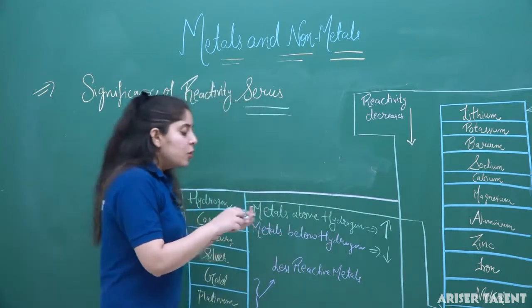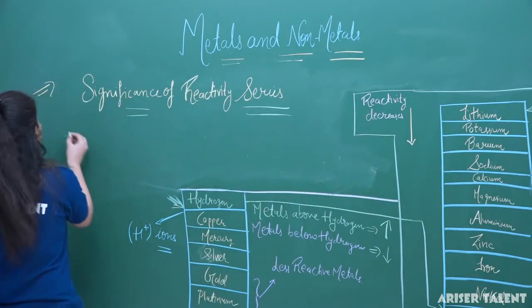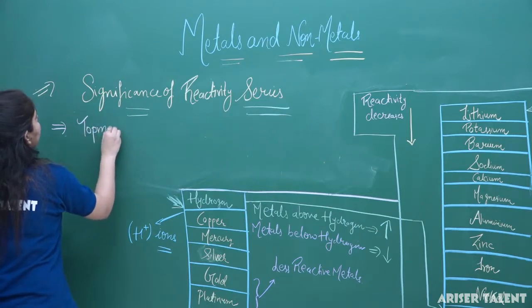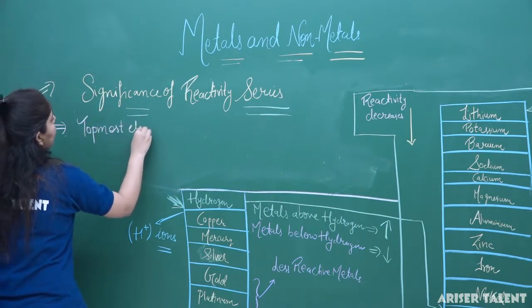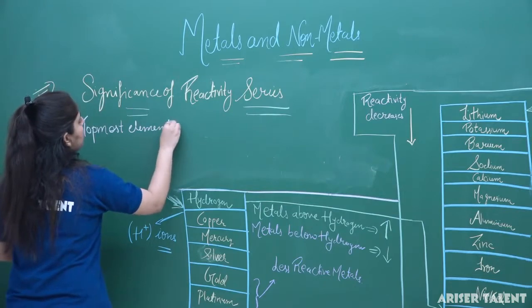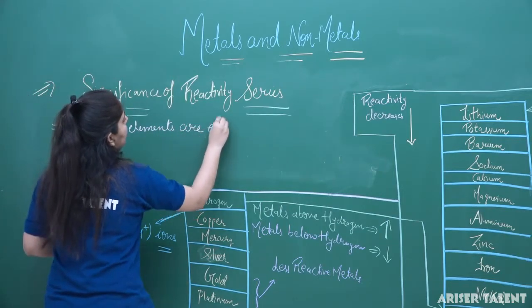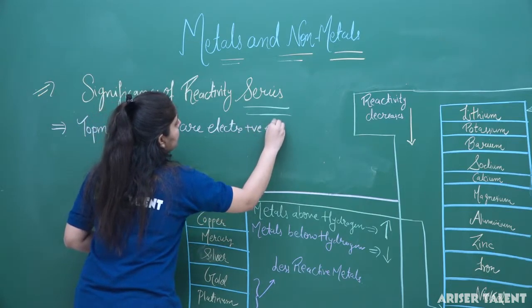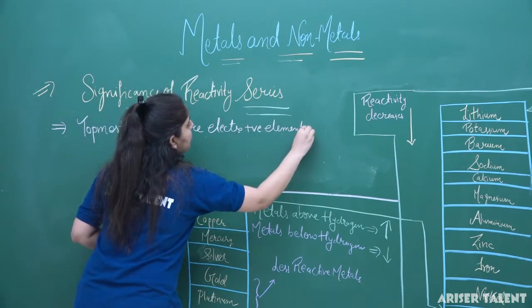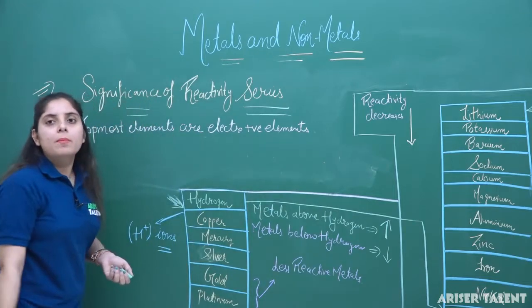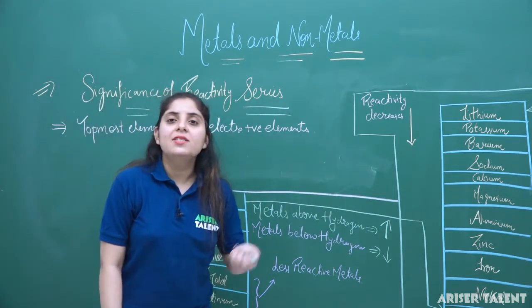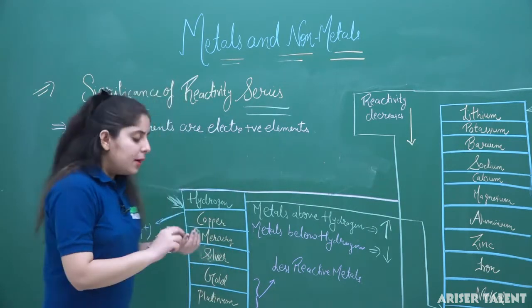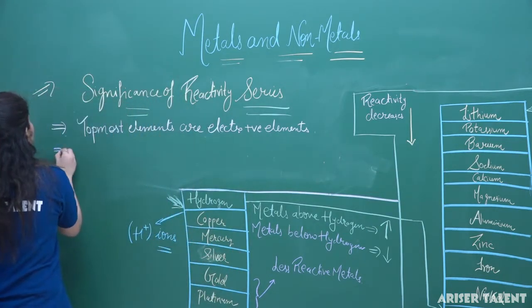So the first point is that the topmost elements are electropositive metals. The second point is, as we go from top to bottom, the tendency to lose electrons will decrease.